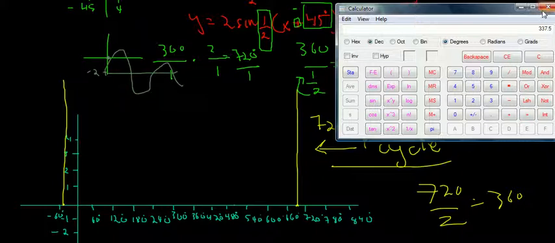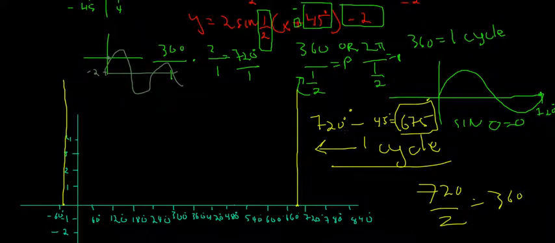337.5. Okay, so 337 is here, right? Because 360 is just halfway between that, because 330 plus 30 is going to be 360, and this is 300. And it makes sense, right?